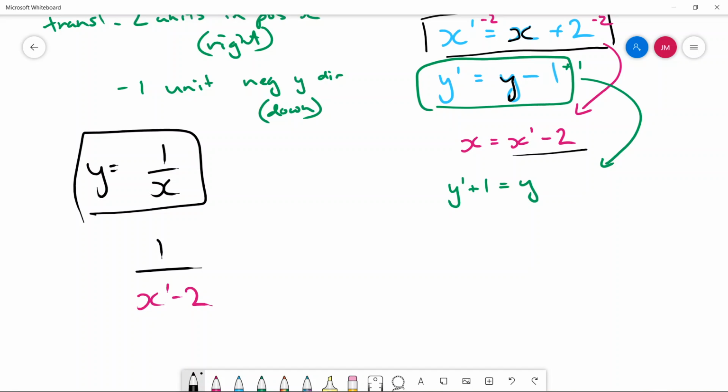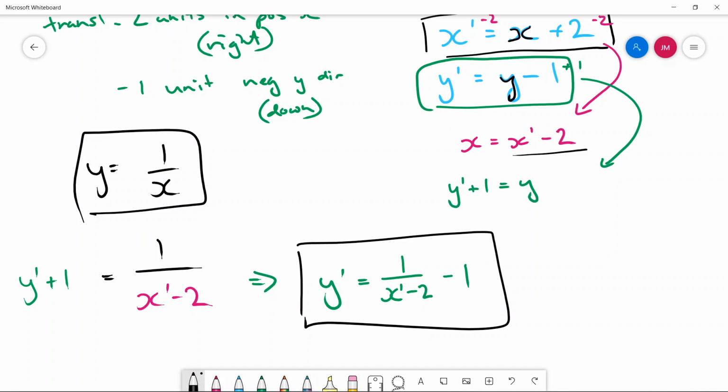And the y value is over here. y is now the image of y plus 1. So when it comes to rearranging that and making y dash the subject, I end up getting y dash equals 1 on x dash minus 2. And I've got to move that plus 1 from the left hand side. I move it over here and it becomes a negative.